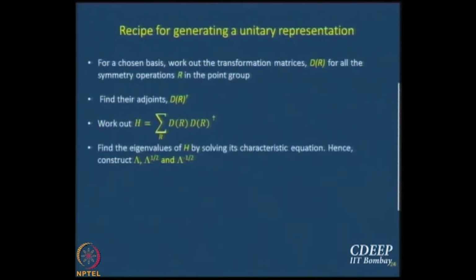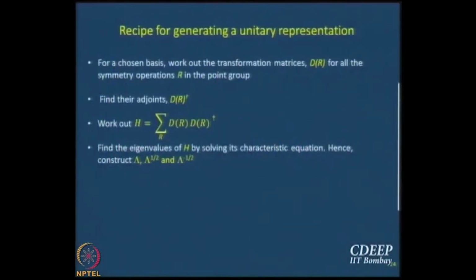Next, we need to work out the eigenvalues first, right? We have done this earlier with an example of a matrix. How did we work out the eigenvalues? By solving the characteristic equation. What is the characteristic equation? Yes, they are equal to 0.